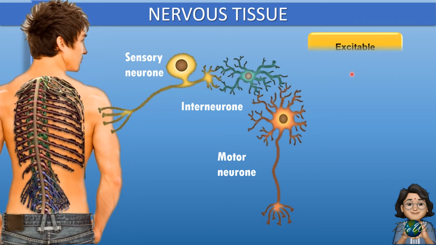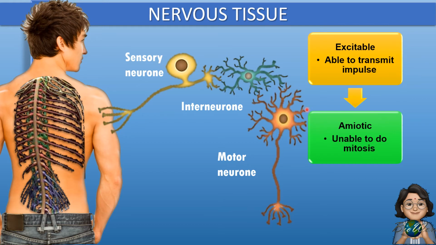So this is the first characteristic of nervous tissues, the fact that they are excitable. Excitable here meaning that they are able to transmit impulse. An interesting thing about the nervous tissues is that although they have nucleus, they are unable to carry out mitosis.